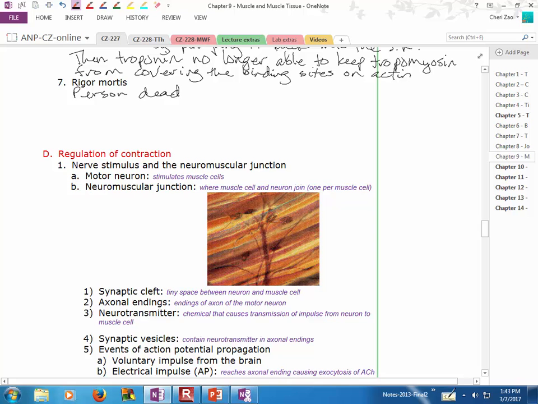But what's really interesting, your muscle cell doesn't know you're dead. That's what's really interesting with the whole aspect. So we'll talk about what that means. So person is dead. We also know ATP is needed for cross-bridge detachment.